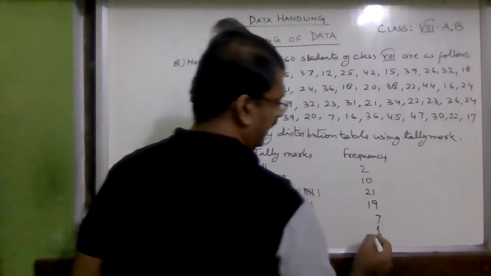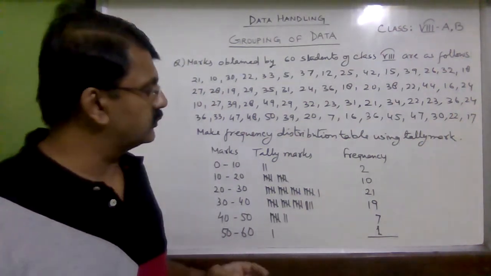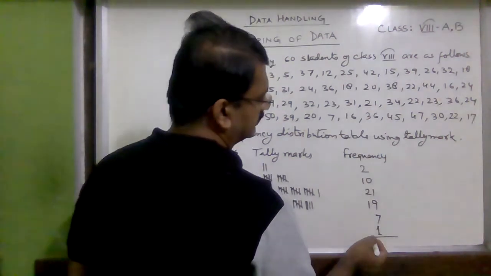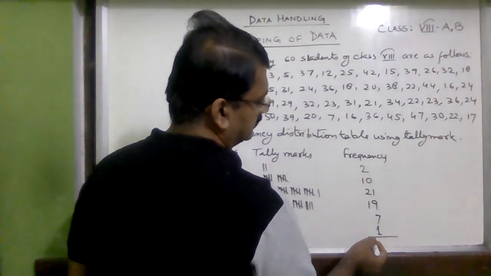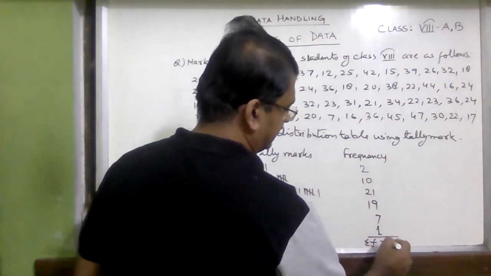So as I told you, these are the marks of 60 students. So the sum should be equal to 60. So when you add them, you can see the sum of all the frequencies is 60.